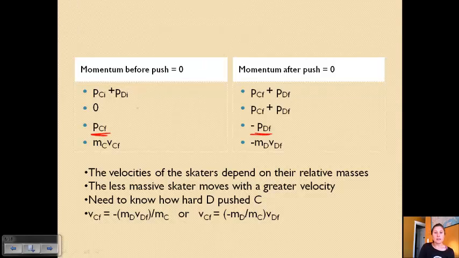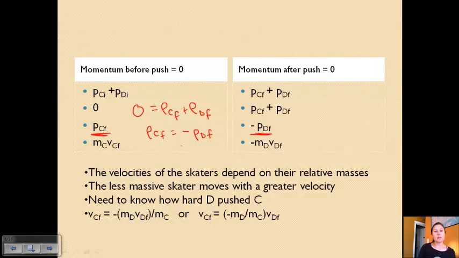Because we're saying that momentum before the push was 0, which is equal to the momentum after the push, which is the momentum of object C plus the momentum of object D. Well, since this is 0, I can rearrange by subtracting the momentum of object D from both sides, which gives me momentum of C final is equal to negative momentum of D final. Remember, momentum and impulse are vectors, so direction does matter here. So what this means is that momentum of both objects are equal and opposite.